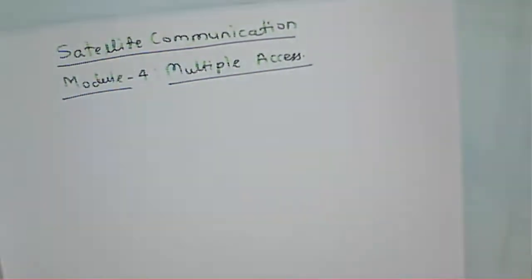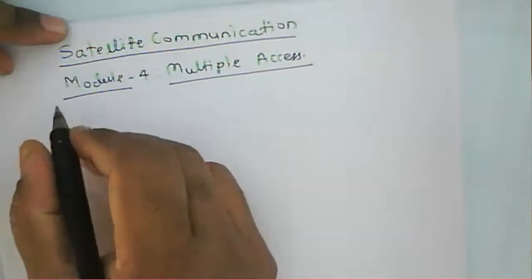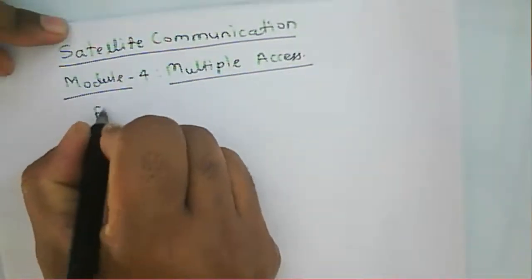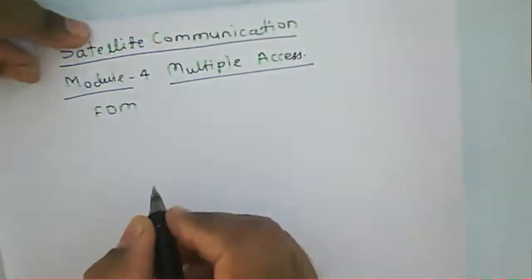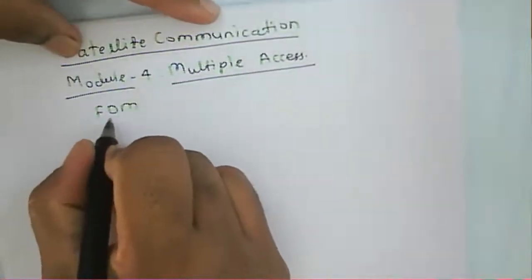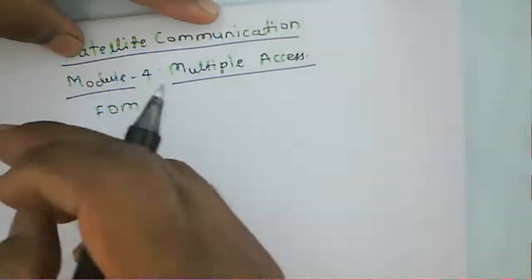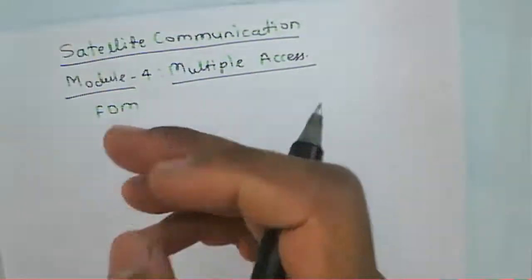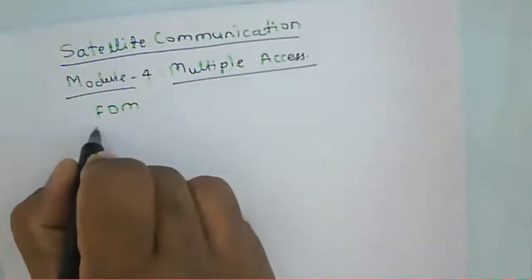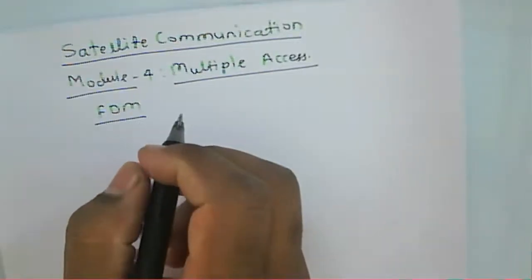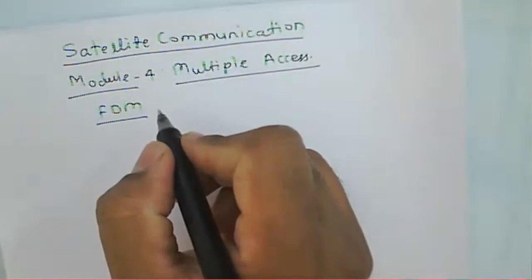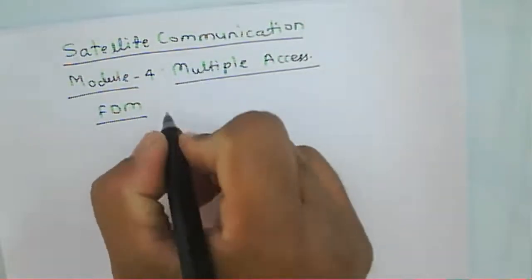In these multiple access techniques, you have already learned frequency division multiplexing, in which the various channels are divided with respect to the band of operation, that is, by frequency.